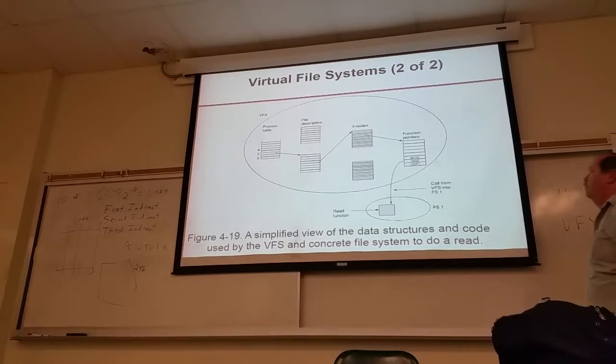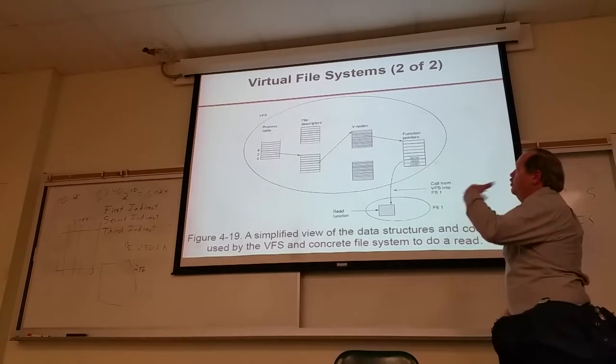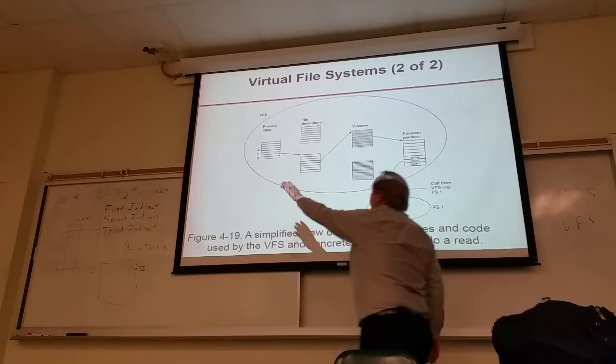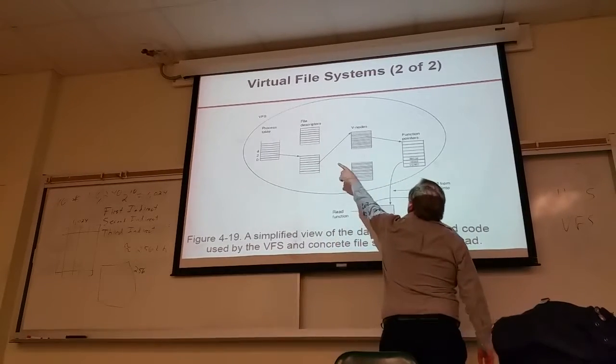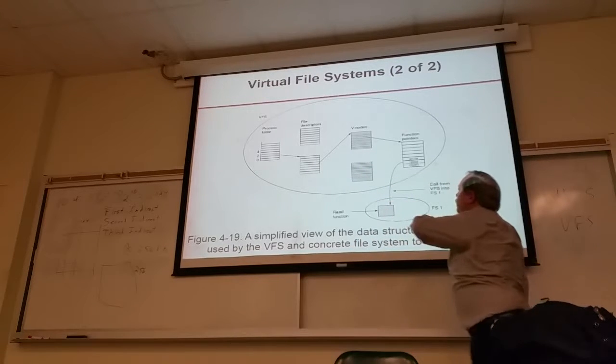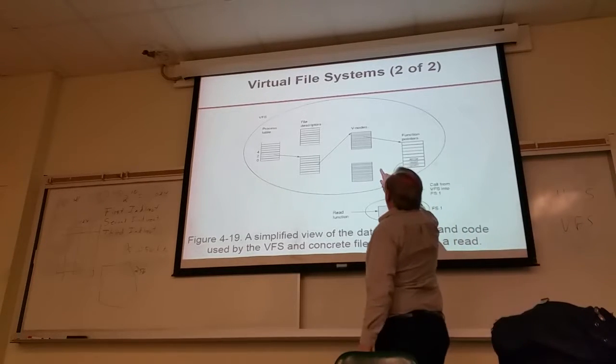So to do that, we're going to have the process tables like we had before. We'll have the file descriptors, but now they're going to point to these vnodes. And the vnodes are basically the file system nodes mapped to the virtual file system.